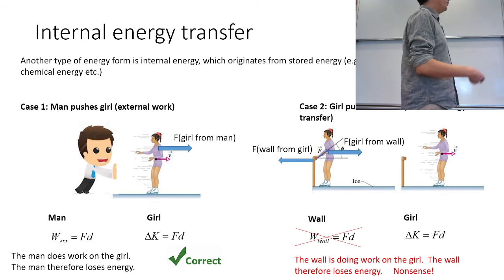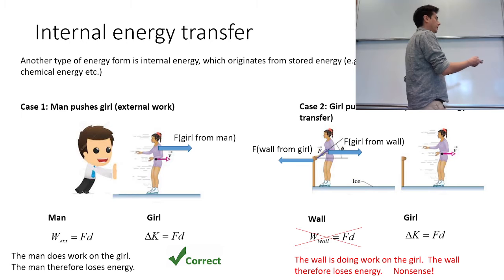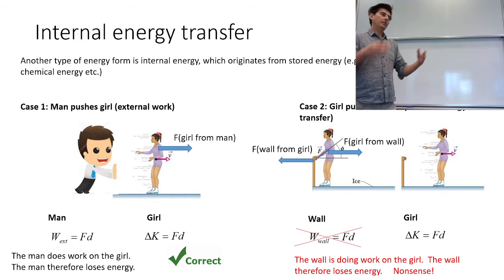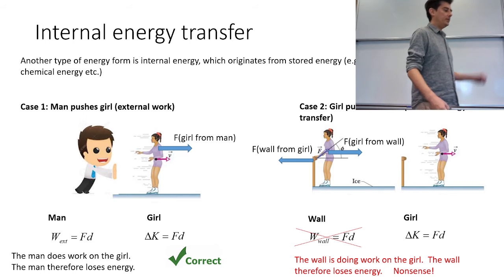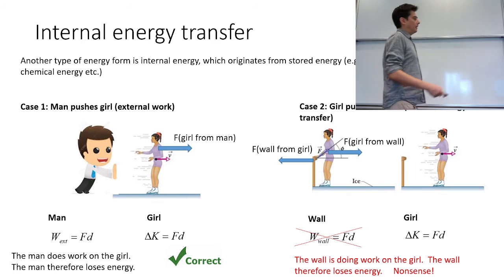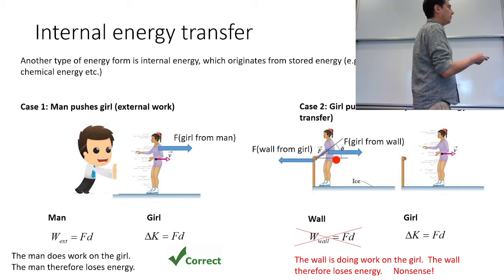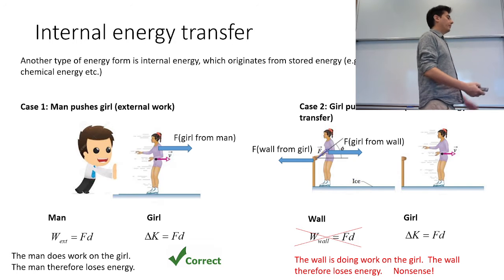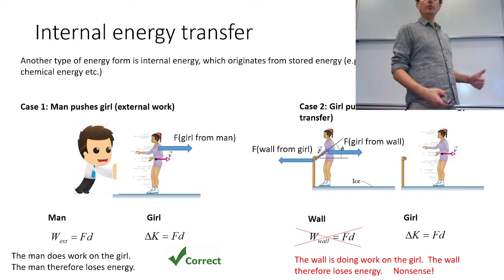We know from Newton's third law that she's pushing on the wall, so the wall pushes back on her, each force having an equal and opposite force. The reason she goes backwards is because of Newton's third law: the wall is providing force on her.